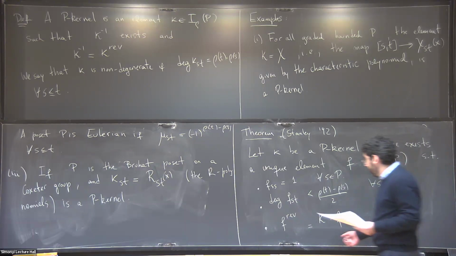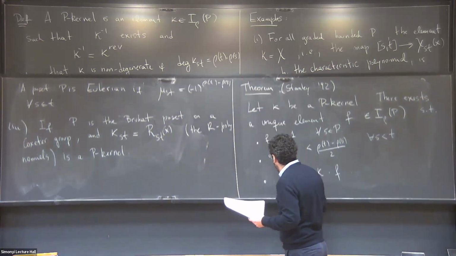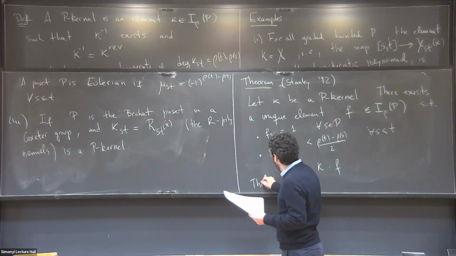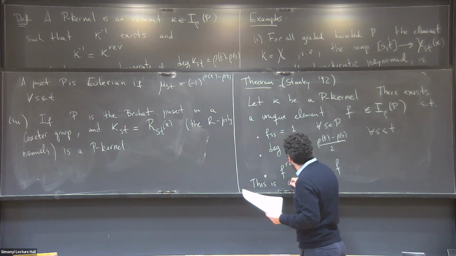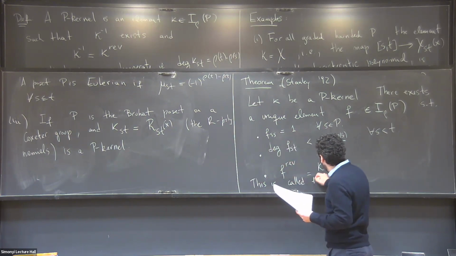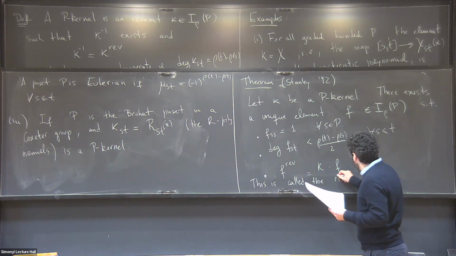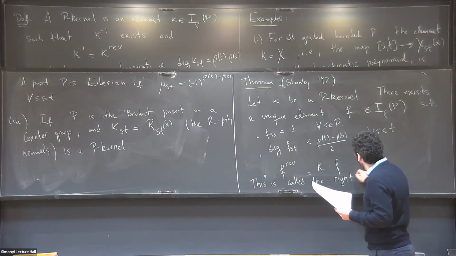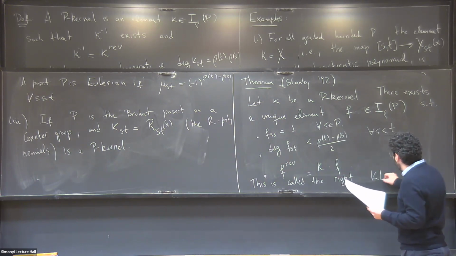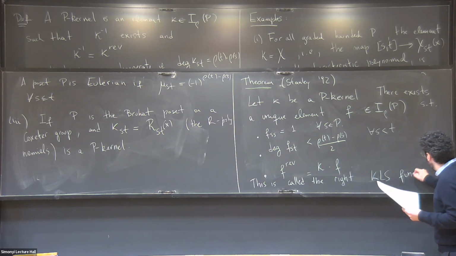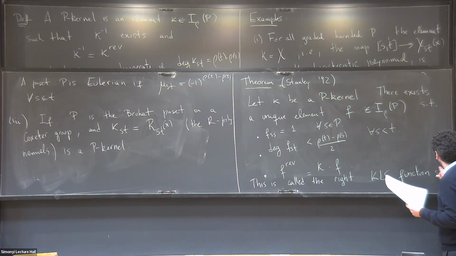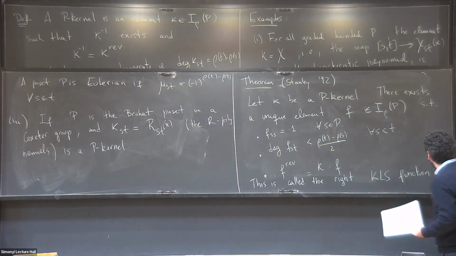So this is called the right Kazhdan Lusztig Stanley function associated to kappa.